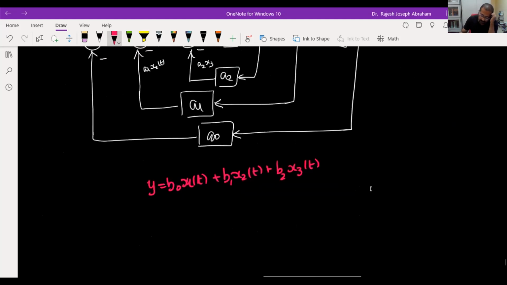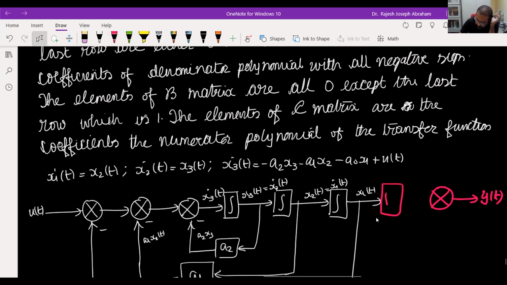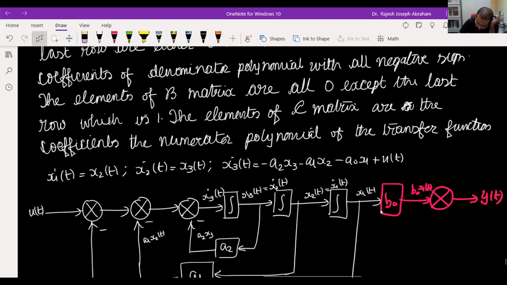Now, what is y of t? B naught x1(t). So here there should be a block B naught. So this signal is B naught x1(t) plus what? B1 x2(t). So this is x2, so there should be a block B1.